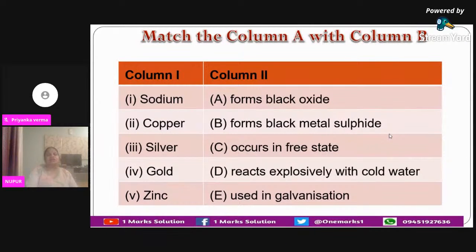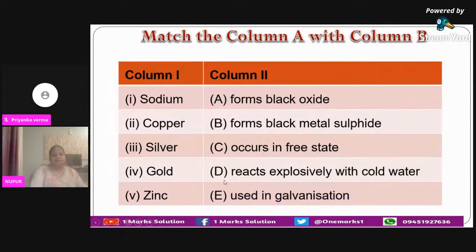So let us see certain questions on matching the following. In this type of questions, when you are going to match them, you don't have to draw lines. You have to write 1 in front of sodium, and then you go to column 2 and see which of A, B, C, D is correct.